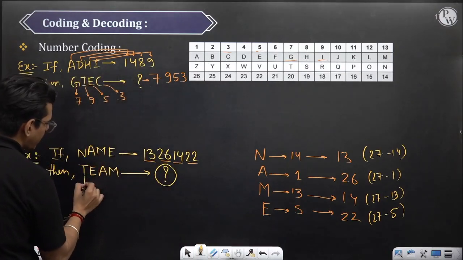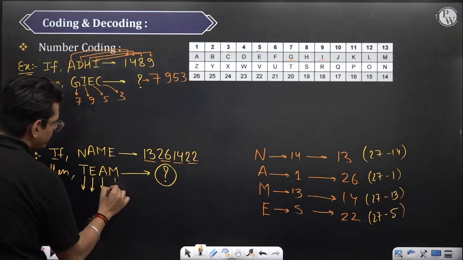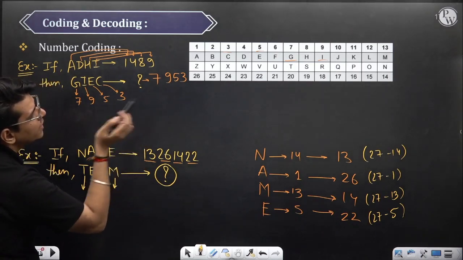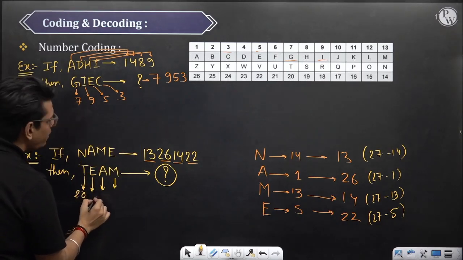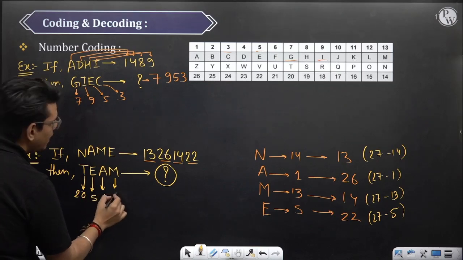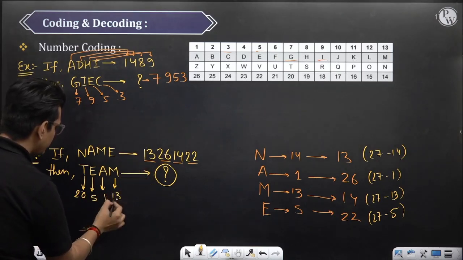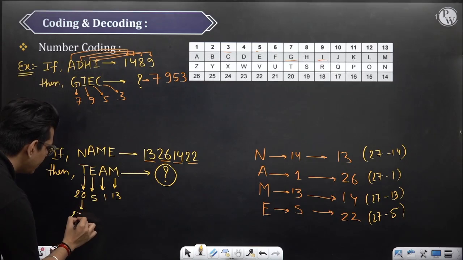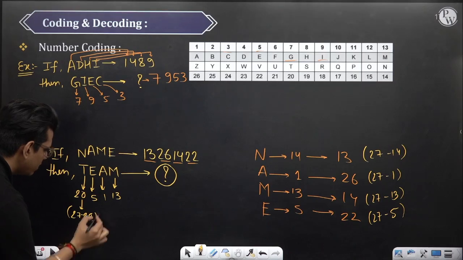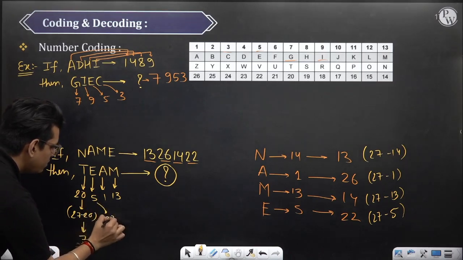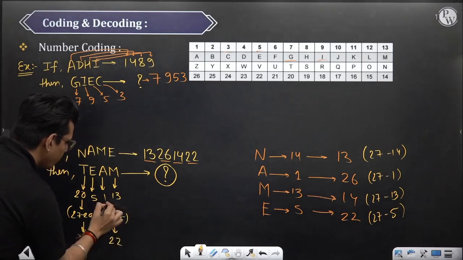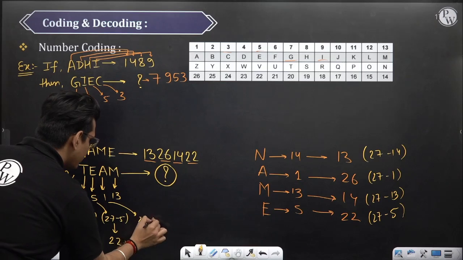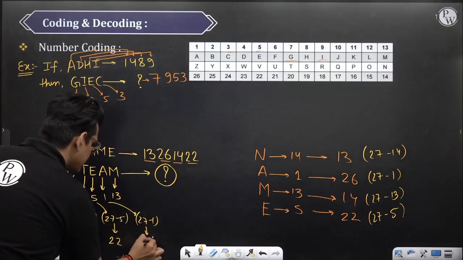Now, using the same pattern, we will first write the positional value of these letters. T is 20, E is 5, A is 1 and M is 13, right? Now, 27 minus 20 is 7. 27 minus 5 is 22. 27 minus 1 is 26.